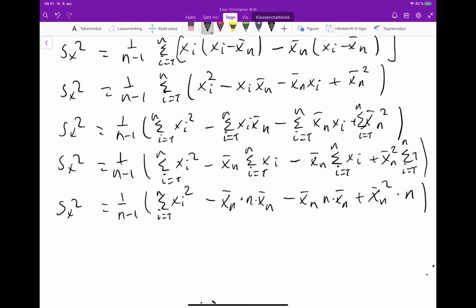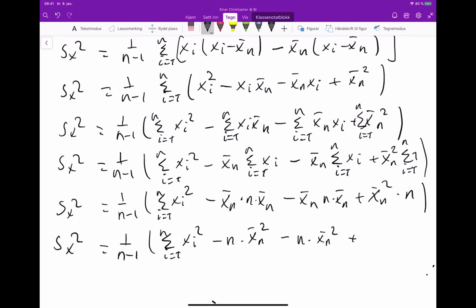And now, 2 more lines. We now have this, and then we get minus n times x bar n to the power of 2. And the next is also the same. Actually, that's n times x bar n to the power of 2, plus, and the last one is also equal.